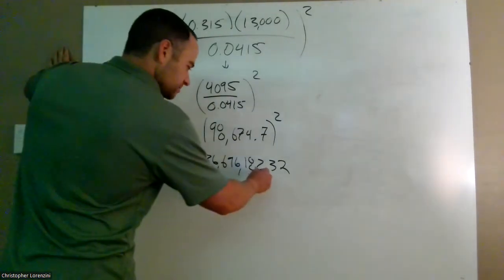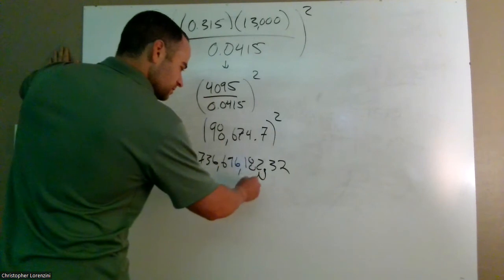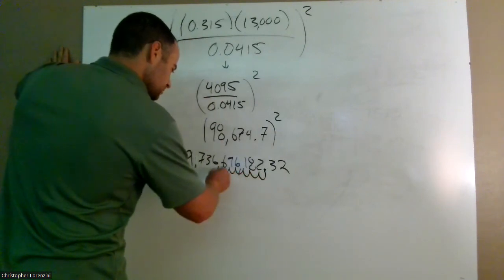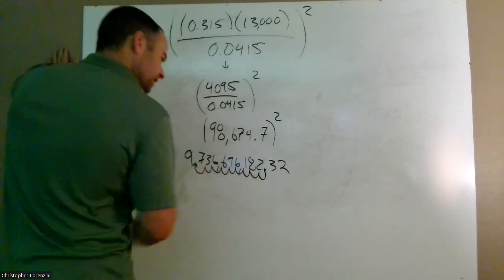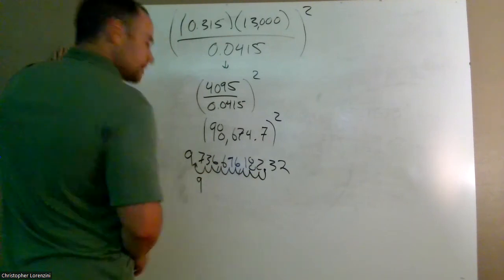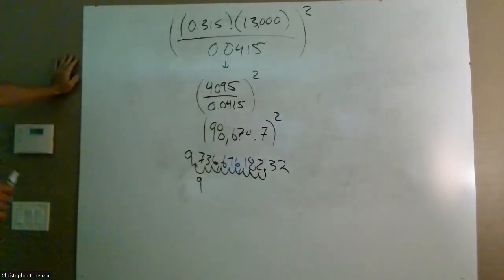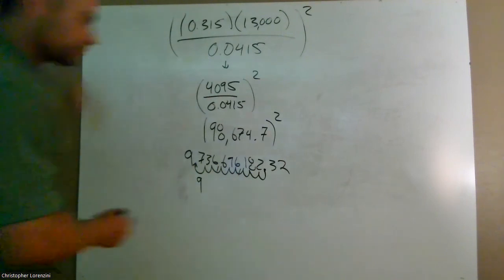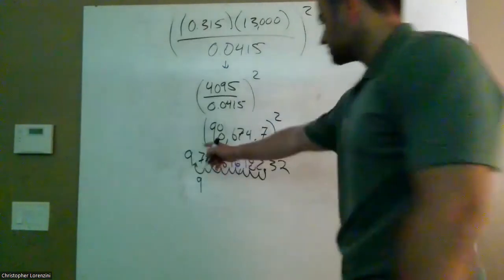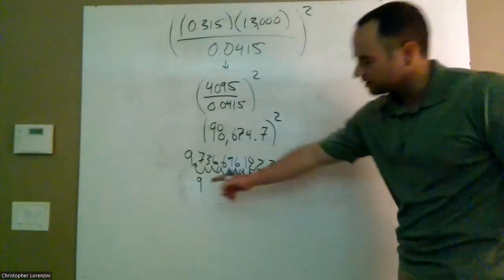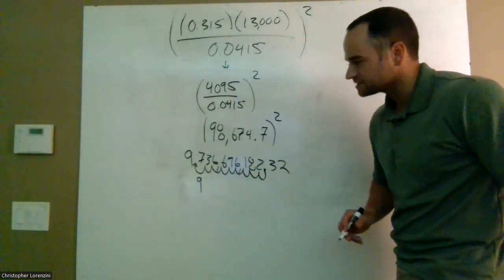I'm going to take my decimal from where it is. I need to figure out how many units I'm going to move it. The answer is 9. I'm going to move it over 9 units. And then I can write this number in scientific notation. Since this value is larger than 1, my exponent's going to be positive.